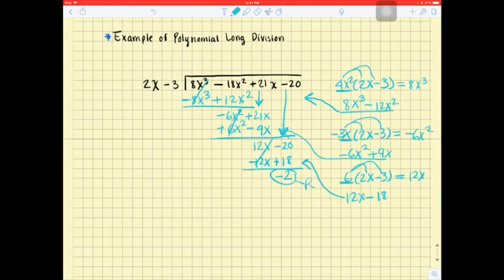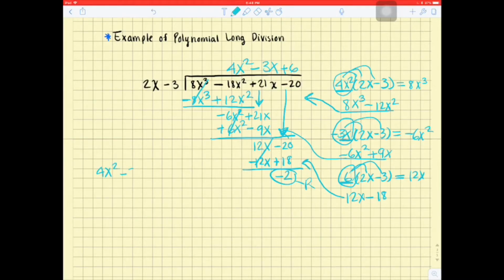Right? That's my remainder. Now, what's my quotient? Well, my quotient consists of these numbers that I use to multiply my divisor by. So I'm just going to take 4x squared minus 3x plus 6, right? And then I'm just going to write my answer in remainder notation form.